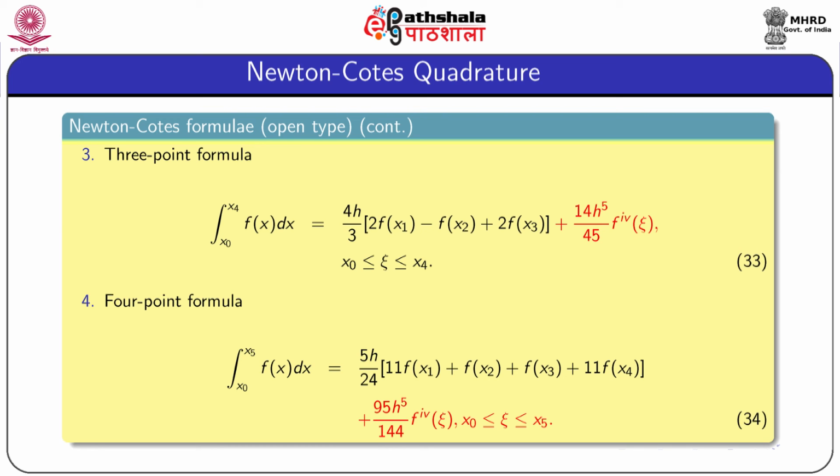So these are the 4 Newton-Cotes quadrature formulas, and these formulas are called open type formulas. In this module, the general Newton-Cotes quadrature formula is derived, and for particular values of n, that means for n equal to 1, 2, 3, 4, we derive different Newton-Cotes quadrature formulas known as the Trapezoidal formula, Simpson's 1/3 formula, Simpson's 3/8 formula, Boole's formula, Weddle's formula, and many others.